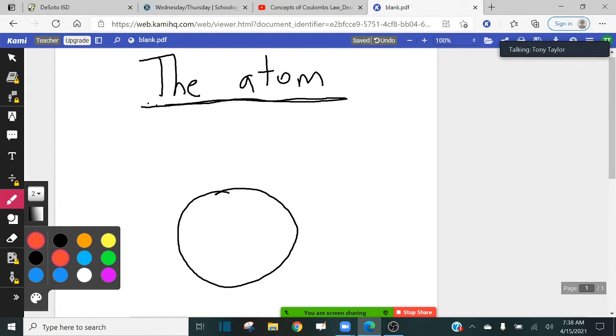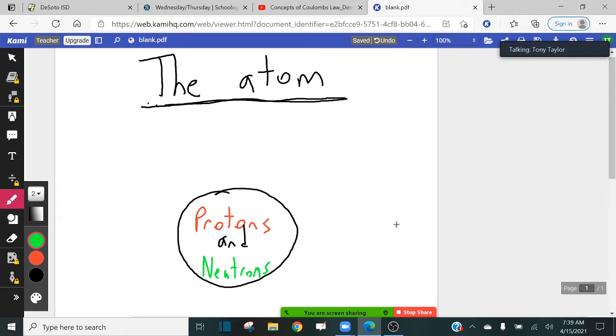Inside the nucleus, we have protons and neutrons. And again, just to remind you all, the atom is the smallest unit of matter. Everything and everyone is made of atoms. Okay, so there are protons and neutrons within the nucleus of the atom.